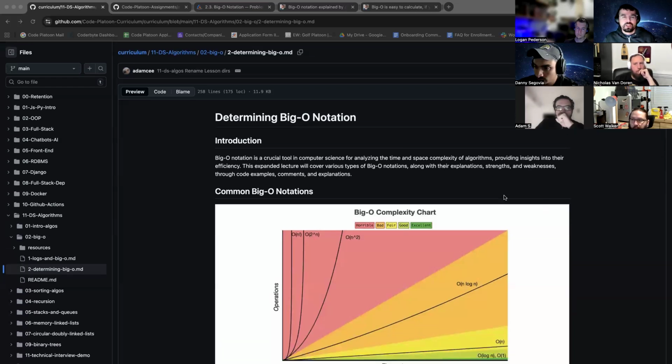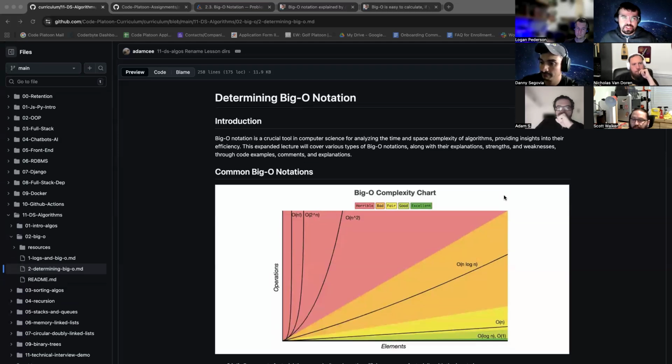Okay. So determining Big O notation. Honestly, the only time this ever comes into play is in interviews. Like if you're lucky enough or skilled enough, or a lot of the time both, to solve your technical challenges, a lot of the times they'll ask you for the Big O of said algorithm, and they'll ask you if there's any possible optimizations that you can see, and if you can explain them.